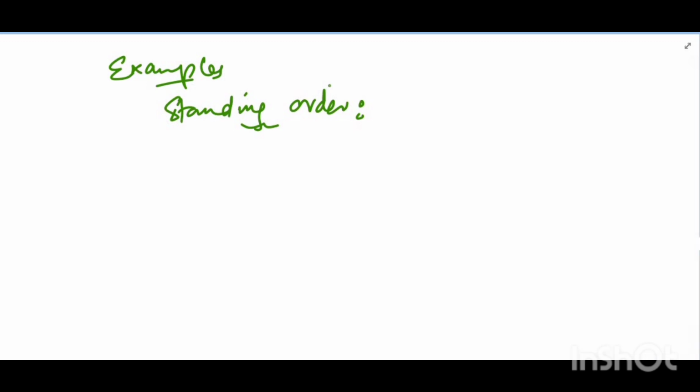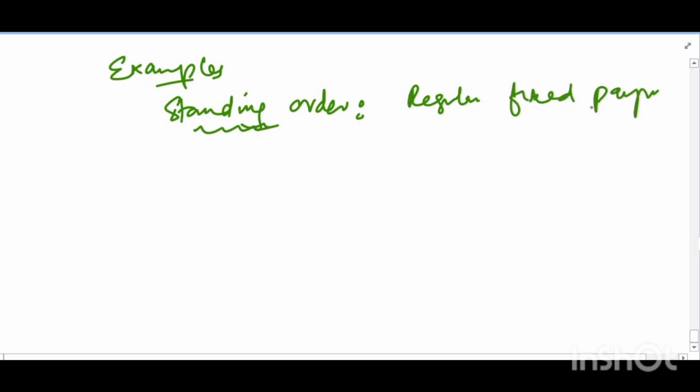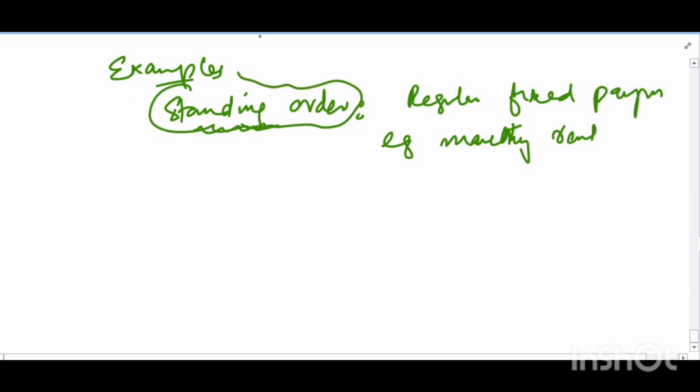If you are paying a regular fixed amount monthly, let's say monthly rent, then you can use the standing order method. That is the automated receipt and payment method.